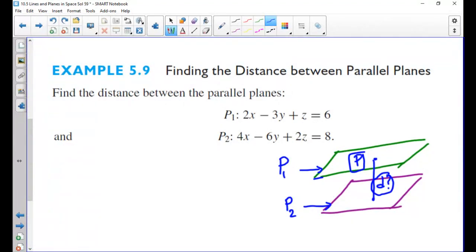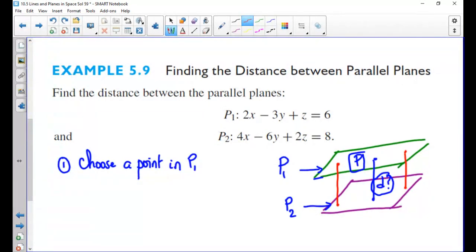First step is, let's choose a point in P1. Any point, it doesn't matter, because the distance is always going to be the same. These distances are all exactly the same. So it doesn't matter where you take your point.